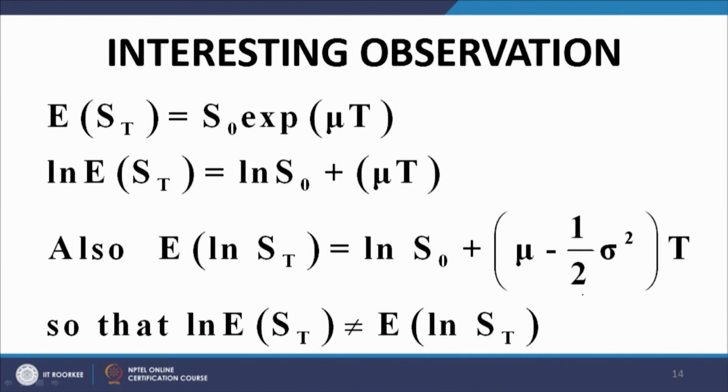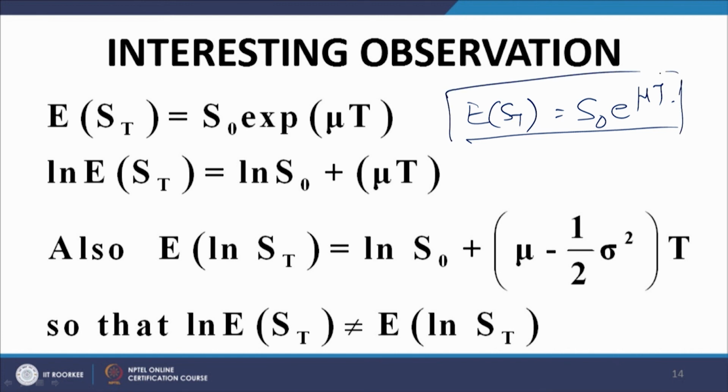Now, there is an interesting observation here. If you look at this carefully, if mu is the expected return on the stock price, then we can write E of S t is equal to S naught e to the power mu t, provided mu is of course continuously compounded.